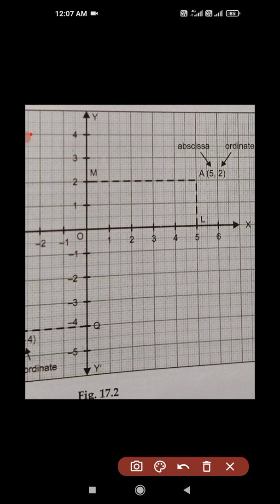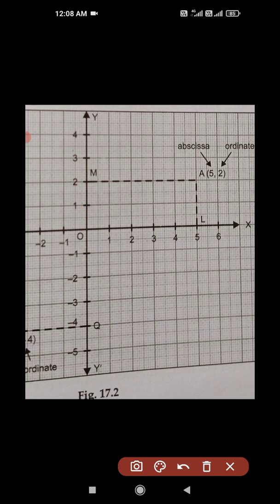So as x is positive, you count 5 steps on this side, that is on the positive side of x, and stop there, mark a letter L, and then as y is also positive, you move 2 steps on this side and mark a letter M. Now if you join these two lines, M and L, if these two are produced, they meet at this point, and this point is called the position of A. So if we see this again, 1 2 3 4 5 on this side for x, and then 1 2 for y on this side.